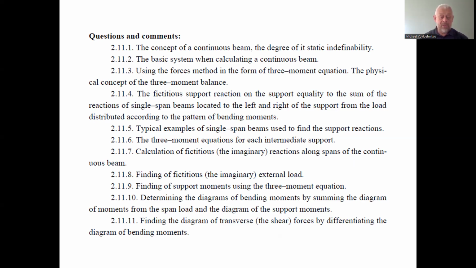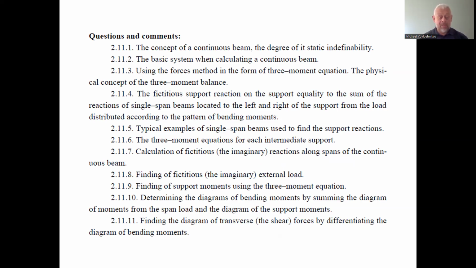Now we can do this for each single span of the continuous beam, considering the balance equation for each span separately from other spans, or we can use the typical formulas for the typical loading cases of single spans. Next, finding the fictitious, imaginary external load.